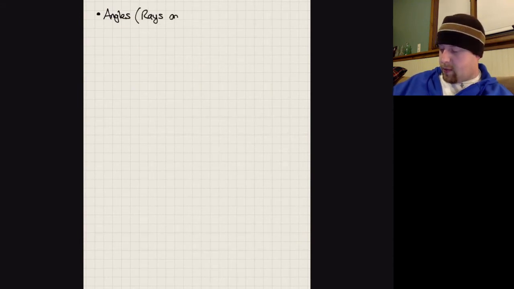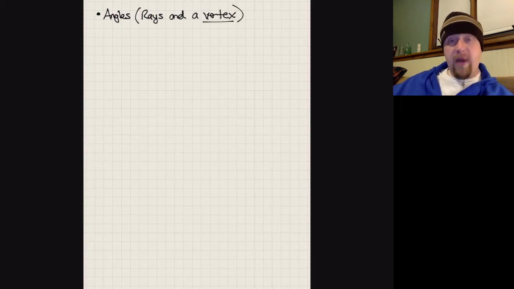So to review, this lesson has covered key ideas dealing with angles that are made up of rays and a vertex. So this is a new vocabulary word there.